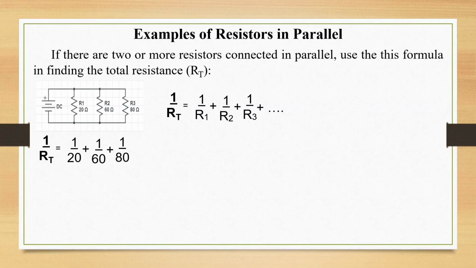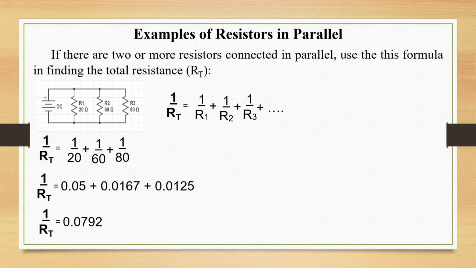Then 1 divided by 20 is equal to 0.05, plus 1 divided by 60 is equal to 0.0167, plus 1 over 80, which is 0.0125. Then perform the operation. So 0.05 plus 0.0167 plus 0.0125 is equal to 0.0792.